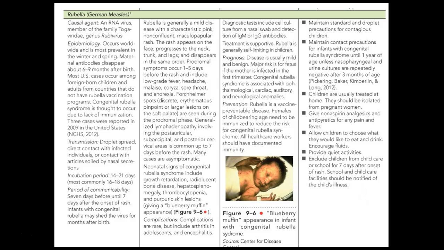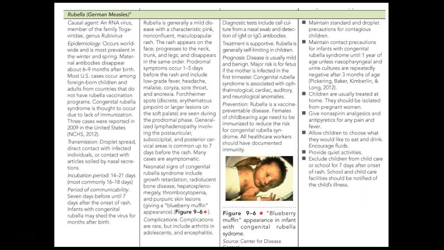They may have an enlarged liver or spleen, thrombocytopenia, and then they have these purpuric skin lesions, giving them a blueberry muffin appearance. And that is a telltale sign of congenital rubella syndrome in a neonate, is this blueberry muffin look.